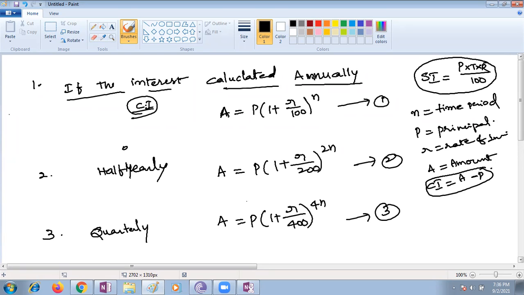Suppose the time period they give is like 2.5 years. 2.5 years is a mixed number, Nana. You need to convert it into an improper fraction also. Time period they are going to give like 5 by 2. Ma'am, 5/2. This is the way I will help you in further classes.